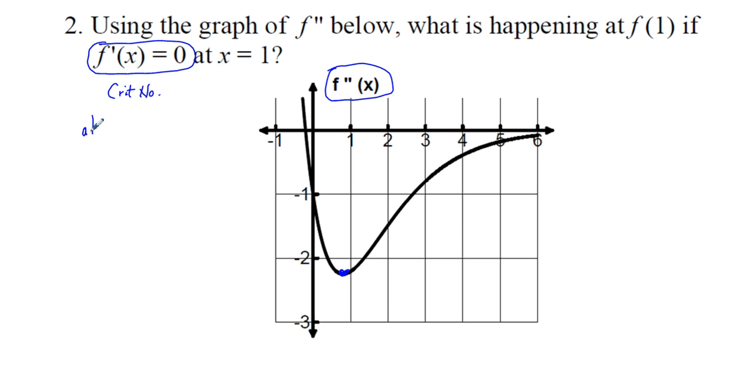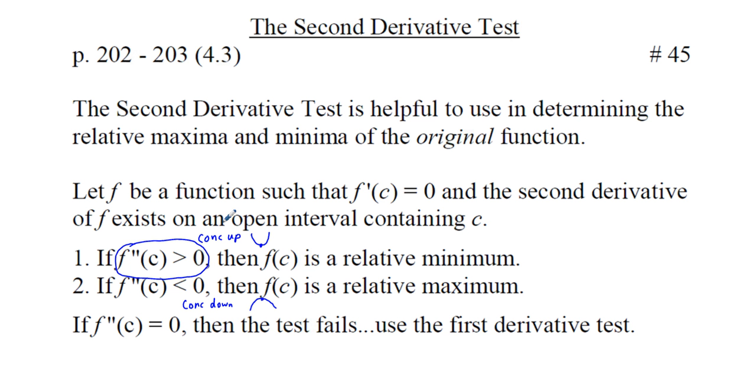So at x equals 1, right? f prime of x equals 0, and since f double prime of 1 is less than 0, what happens? Go back to our chart here.